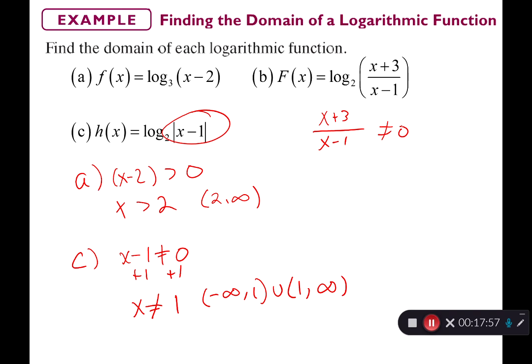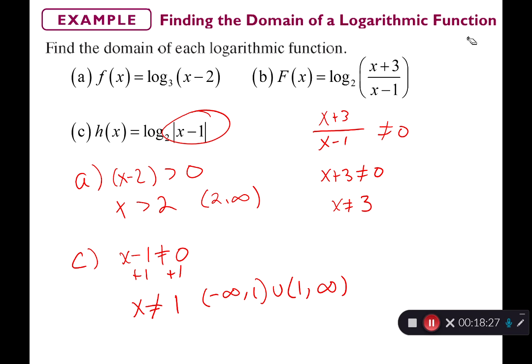If it cannot equal 0, that means x plus 3 cannot equal 0, because remember, 0 over any number is just 0. So as long as the bottom is going to be a number, we could say x can't equal negative 3. And that is the first thing that we are eliminating from our domain.